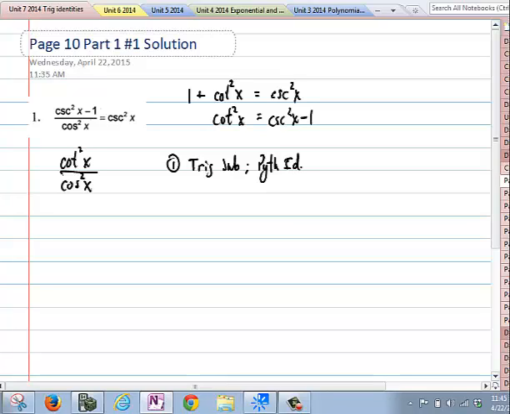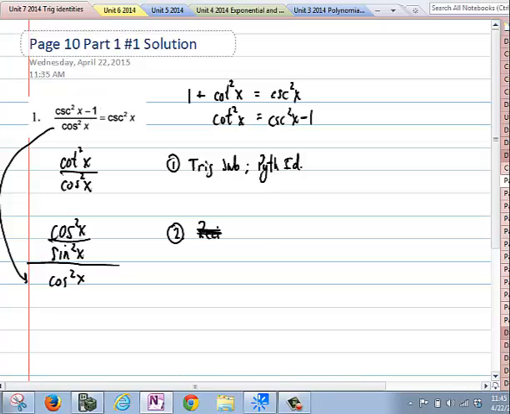So my next step is I'm going to turn the cotangent squared of x into cosine squared of x over sine squared of x, all over the original cosine squared of x. So I have a compound fraction. My reason for step 2 is I used a quotient identity substitution.